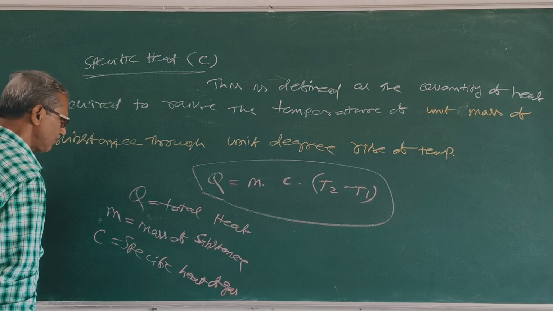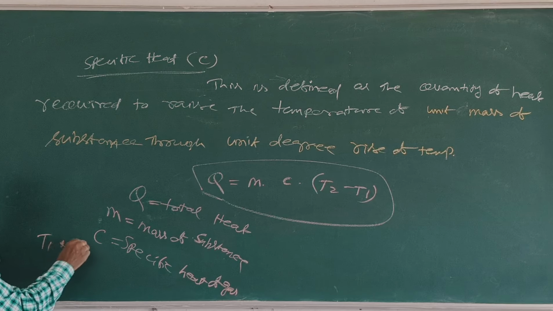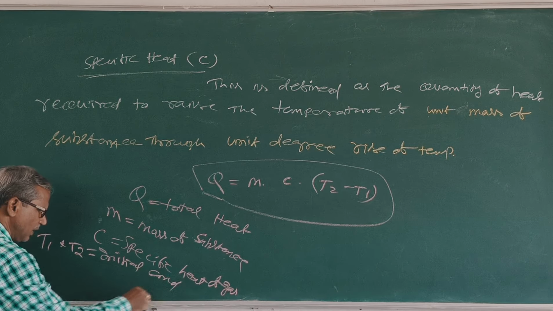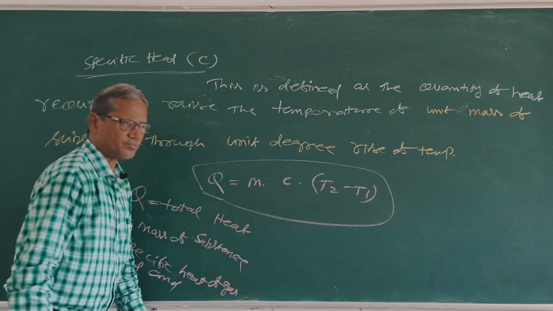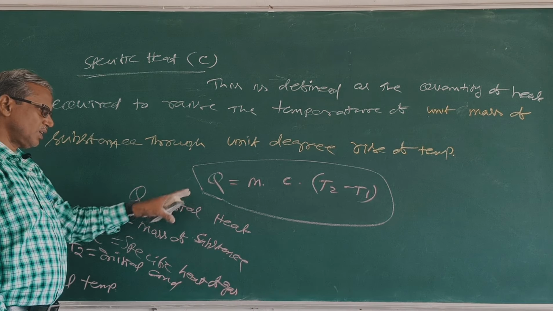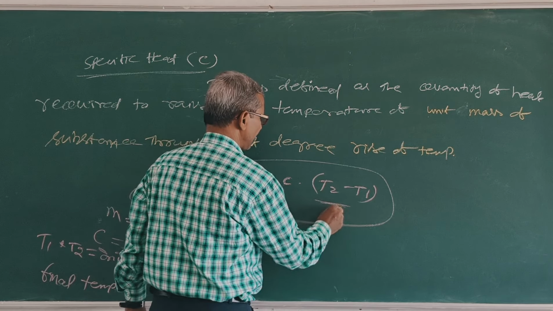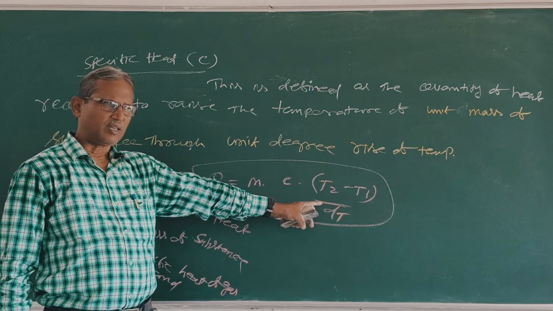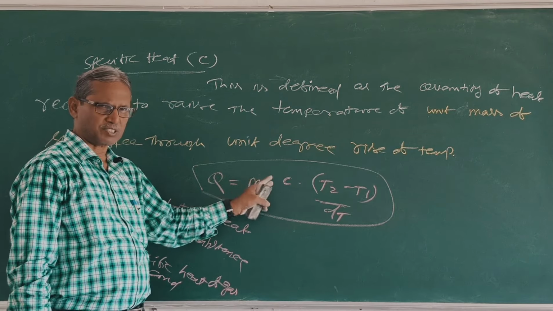Clear? What are T1 and T2? Initial and final temperature. Clear? Q is equal to m c dt. dt means T2 minus T1, final temperature minus initial temperature. Clear? I will define what is C from this equation.